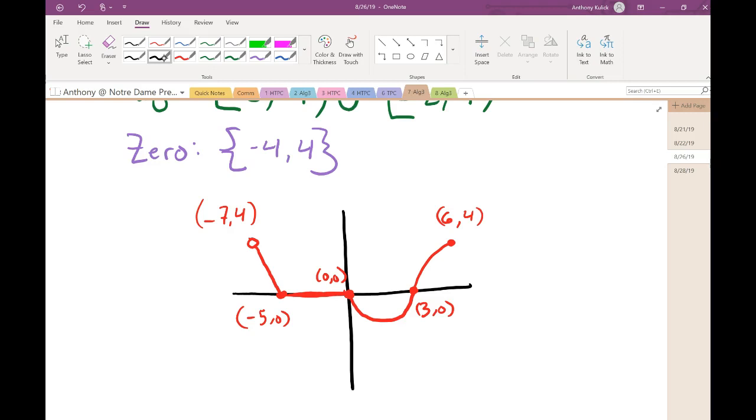So if there's a 0, are there 3 0 parts? There's more than 3. Count the one. More than 4. There are infinite zeros.